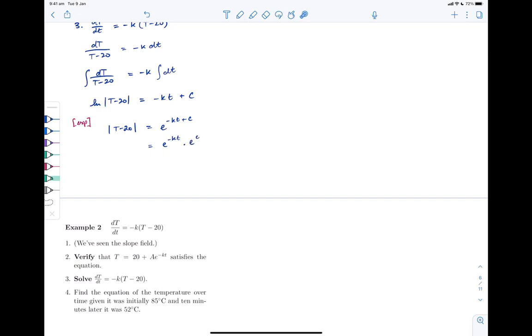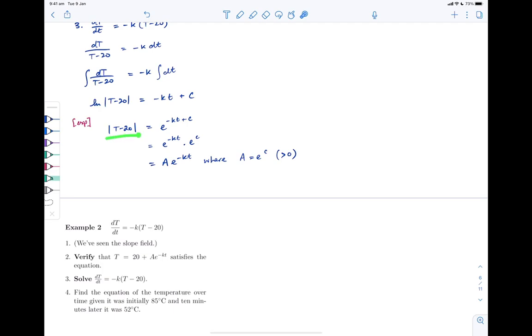Now, I don't care if c is positive, negative, purple, or green. E to the power of c is greater than 0. So this is capital A e to the negative kt, where capital A equals e to the c, and it's strictly positive. There's actually a bit of subtlety going on here that really can't be avoided.